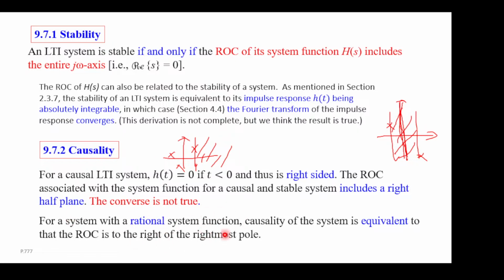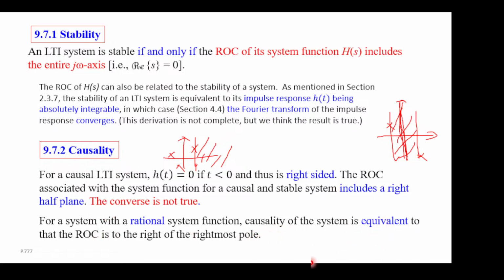And for causality, it's a bit more complicated. For a rational system, the causality is easy. If your ROC is to the right-hand side, then your system is causal, and vice versa.